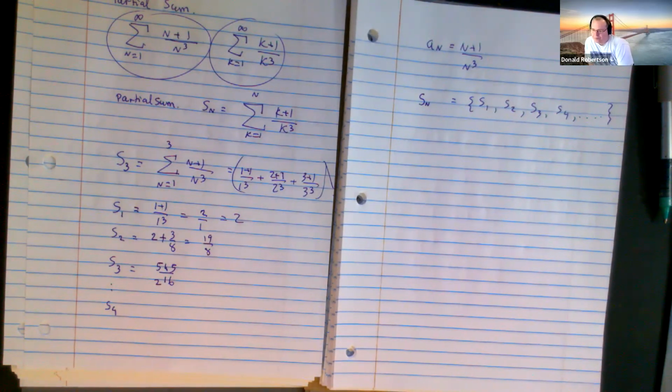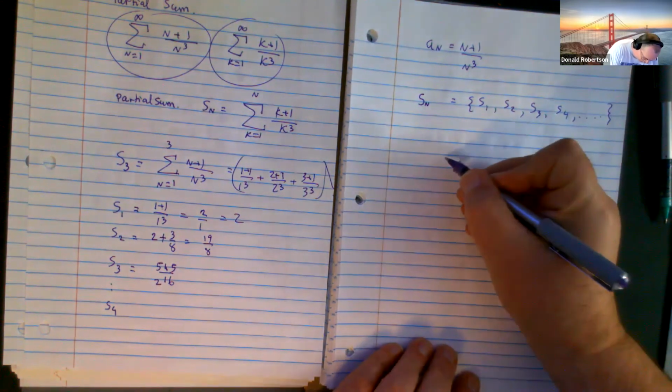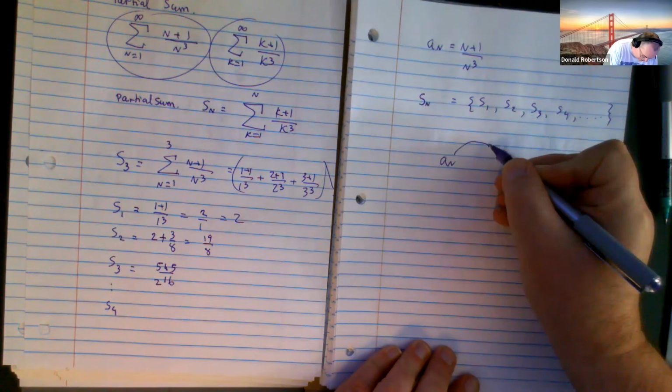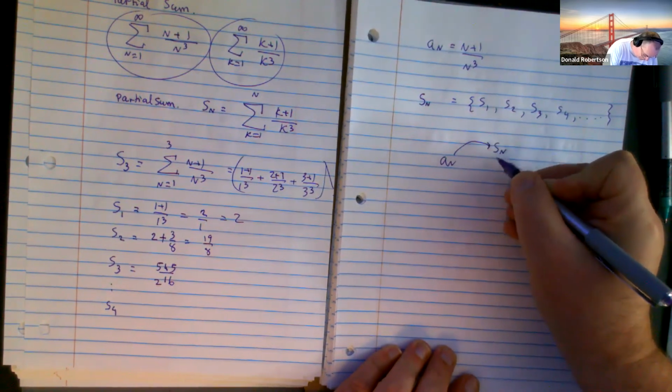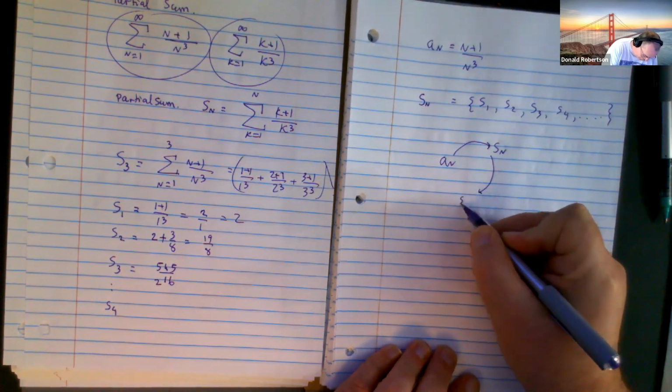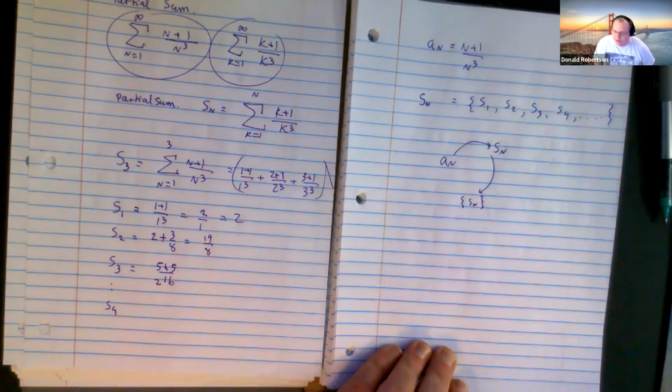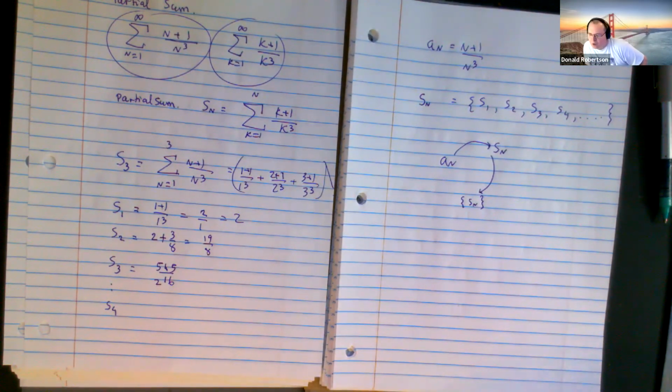Can't the partial sums create a sequence? S1 is the first term in the sequence, S2 is the second term, S3, S4, whatever. So you start with a sequence, you create all the partial sums, which in turn generate a sequence of partial sums. Now you might think, why are we doing this? You start with a sequence, you create this series, you then figure out what the partial sums are to create yet another sequence.